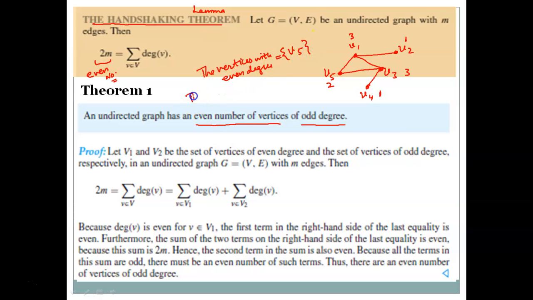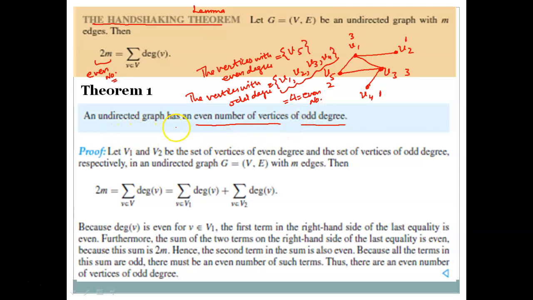Now the vertices with odd degree equal to how much? v1 is of odd degree, v2 is of odd degree, v3 is of odd degree, v4 is of odd degree. So what is the total number? Total number is 4, and 4 is an even number. So this is the meaning of the statement.